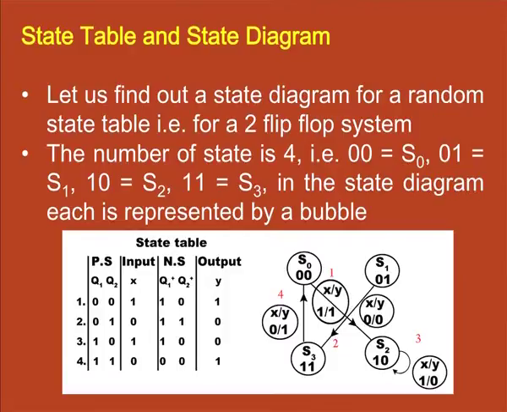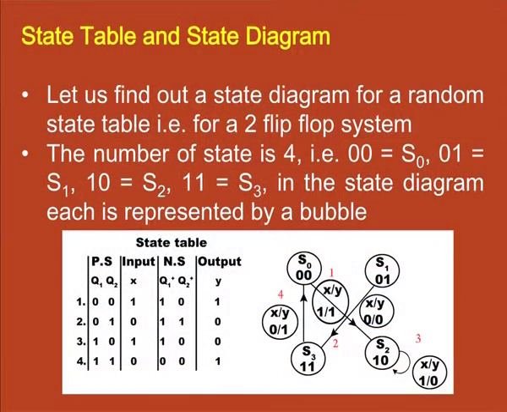Here we have shown the corresponding state table, and from the state table we have also shown the state diagram. As you can see, the state table has 4 columns: present state, input, next state and the output.